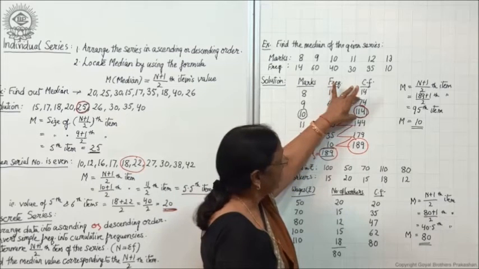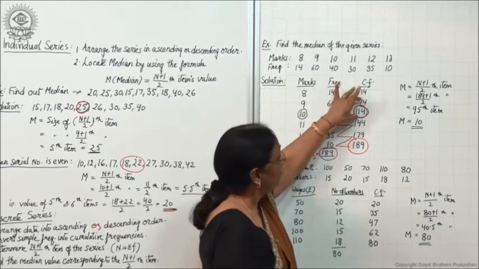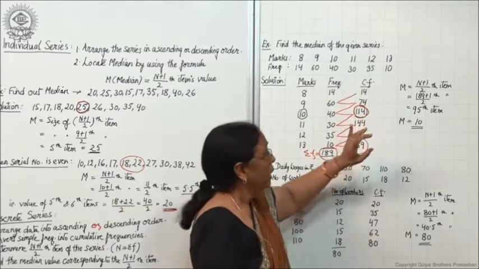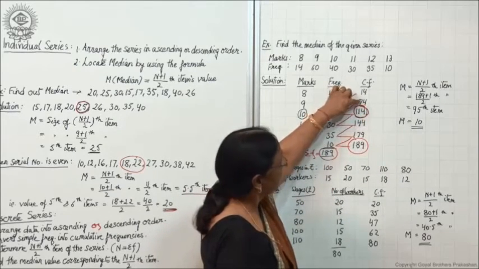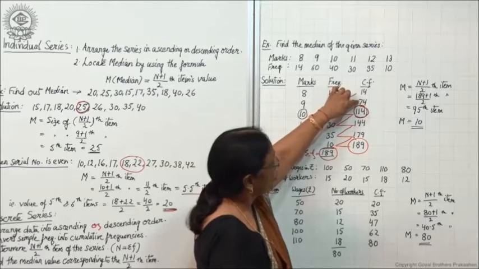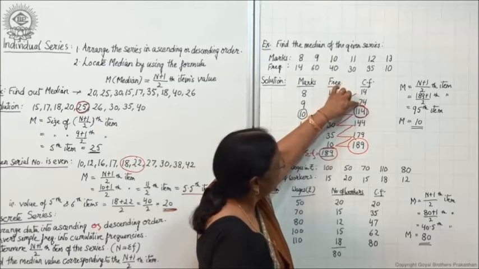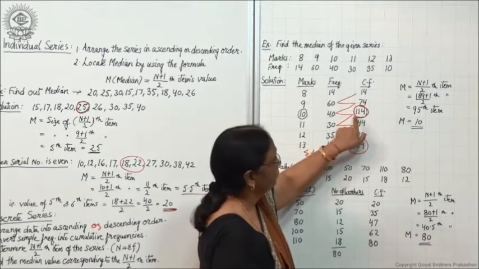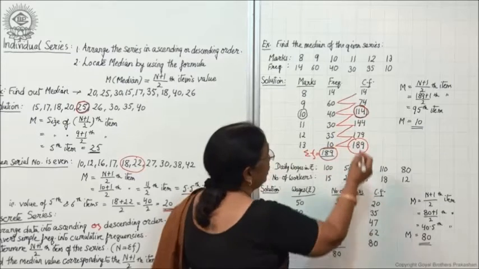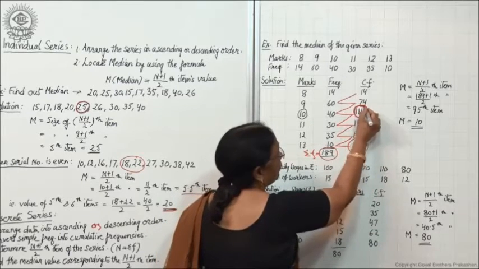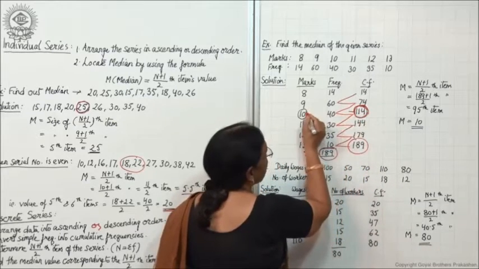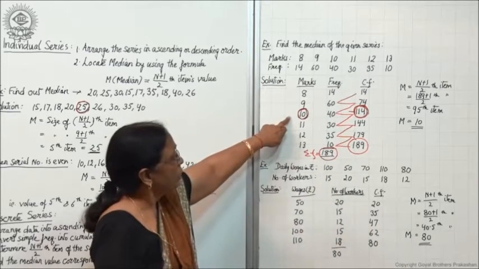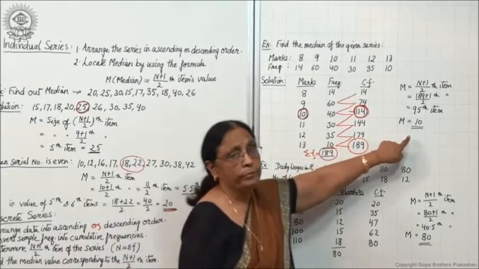You have to find the 95th item's value, that will be the median. So it is more than 74, so you will not include this. You will take this value of cumulative frequency, and in front of this, whatever is the value given in the marks column, this will be the median.